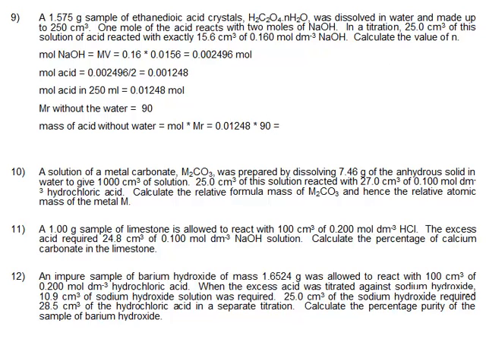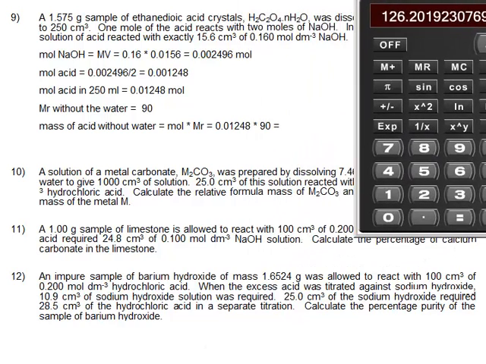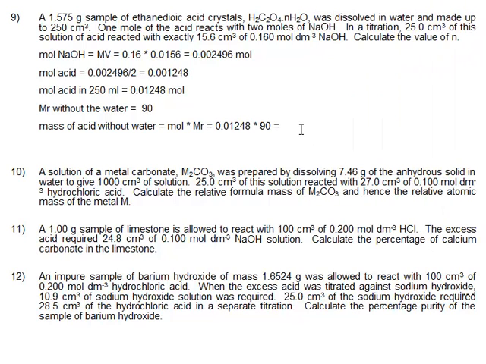So now we bring our calculator in. 0.01248 times 90. That comes to 1.1232. Oh, just what am I doing? I've multiplied by 90 grams.